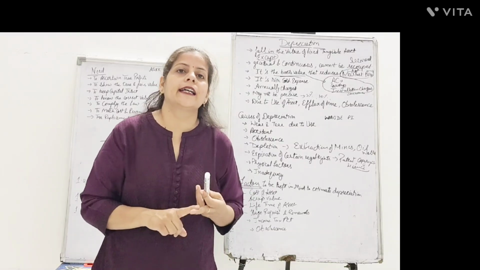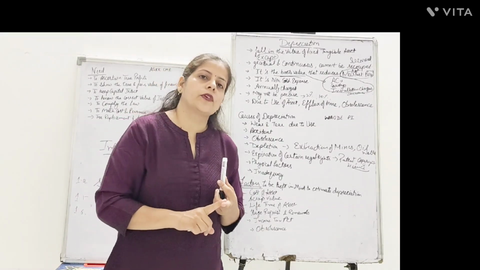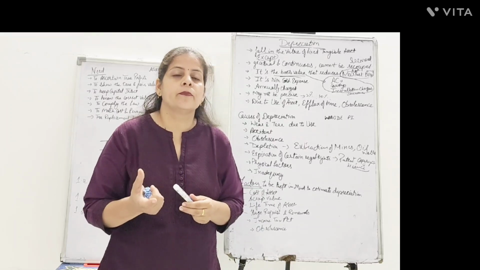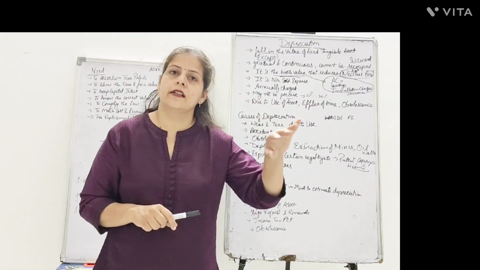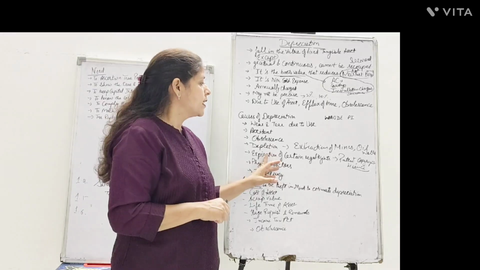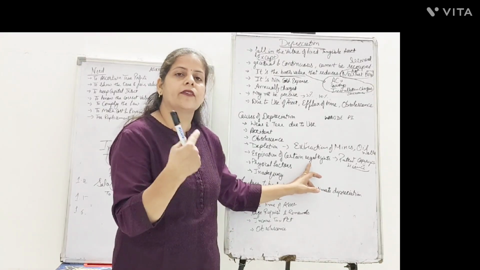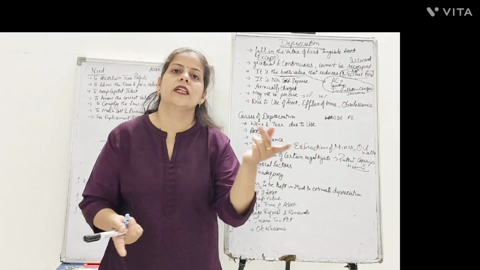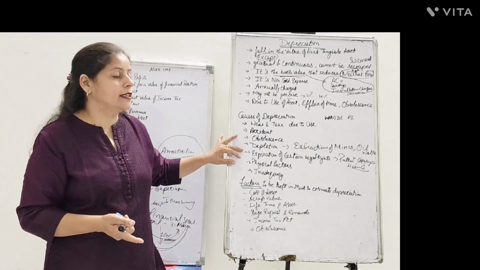For that license, I can run that business for a maximum of 4 years, right? If the license is for 4 years and 3 years have gone, that means my legal right has expired for 3 years, it has depreciated for 3 years, and only 1 year is left. So that is also due to the expiration of certain legal rights.